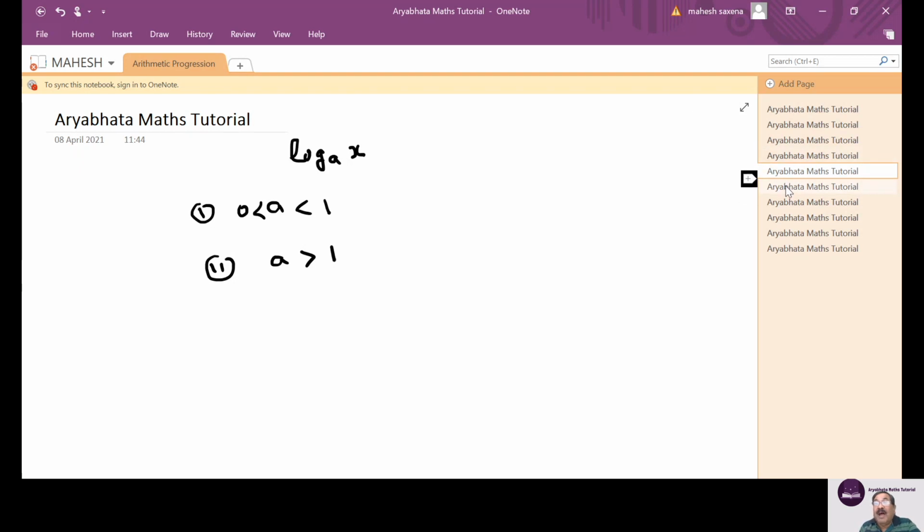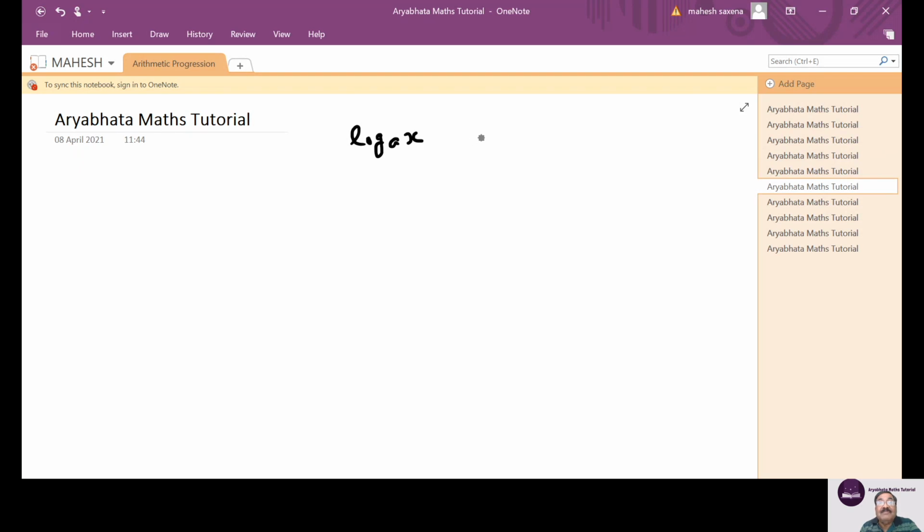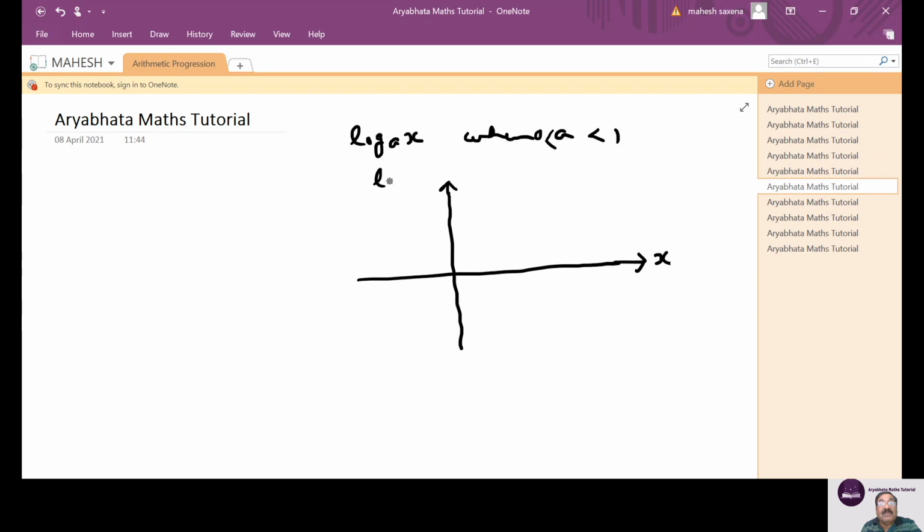Suppose we have to draw the graph of log base a of x when a is less than 1 and greater than 0. In this case, suppose these are your coordinate axes. Here we draw x. Here we draw log base a of x.